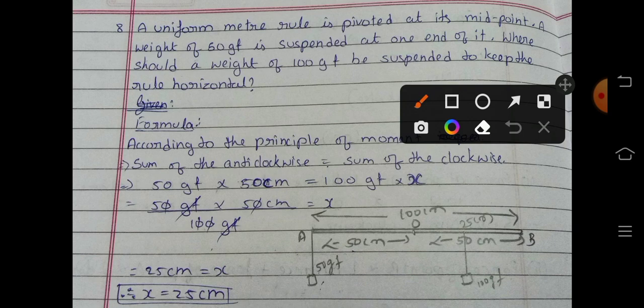What they have said is, a weight of 50 gravitational force is suspended at one end of it. So here is point A and here is point B. What I did here is suspend the 50 gram weight at point A. Now, what is the next question they are asking?